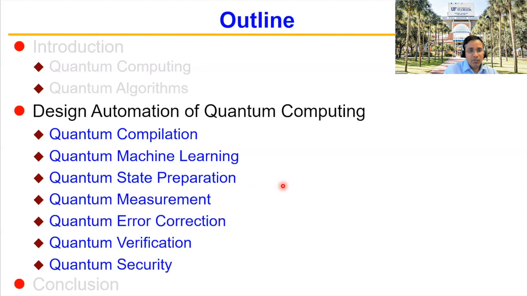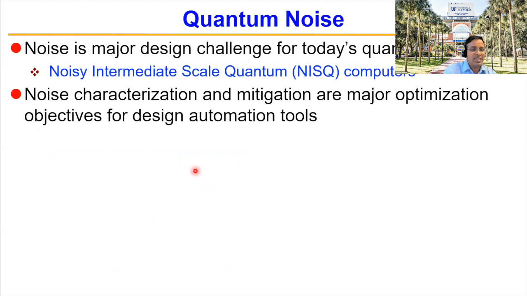Okay, I'll move forward. Before I talk about any of these techniques, I mentioned that quantum noise is a serious problem. For the remaining presentation, I'm not going to talk about it. I just have one slide. I want to highlight that noise is a major consideration for design and design automation, and there is a lot of work in the community on noise characterization and noise mitigation.